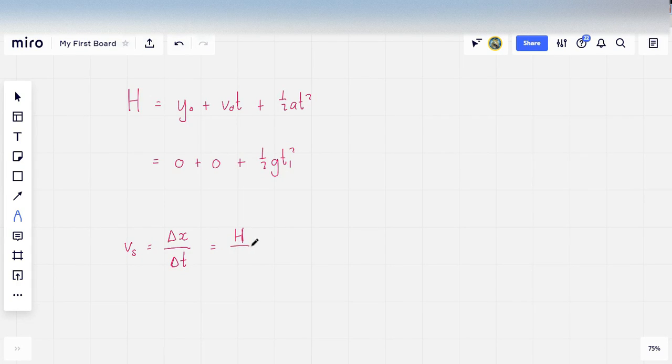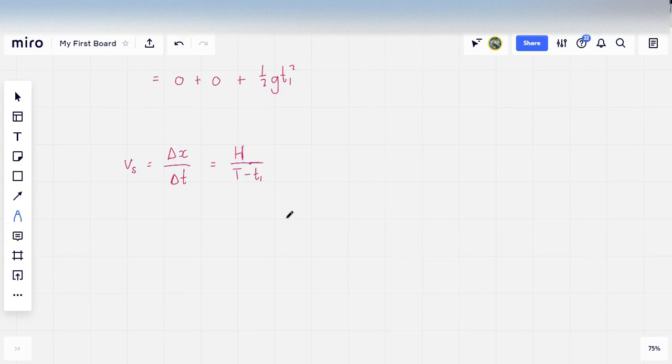So the sound wave has to travel a distance h in a time of capital T minus t1. So that's the time that it will take the sound wave to reach the observer from the ocean. So we can rearrange this equation and solve for t1. So t1 is equal to capital T minus h over Vs.